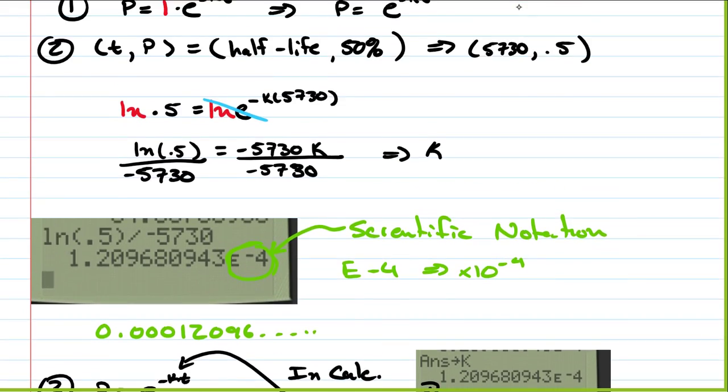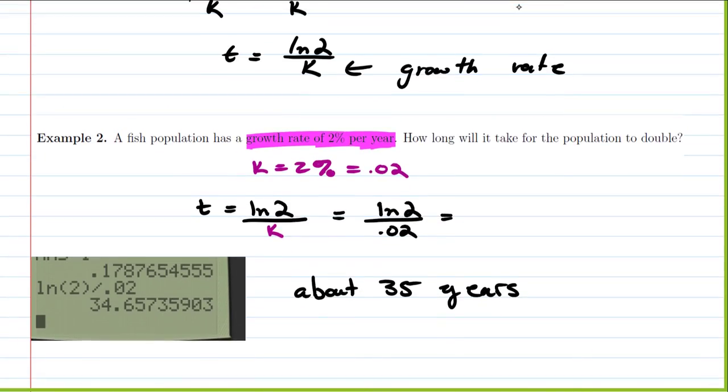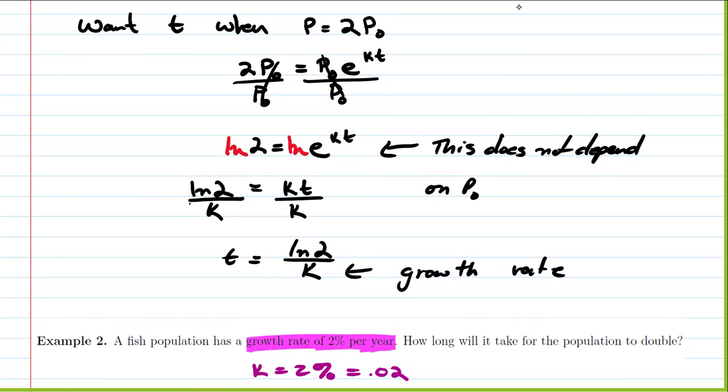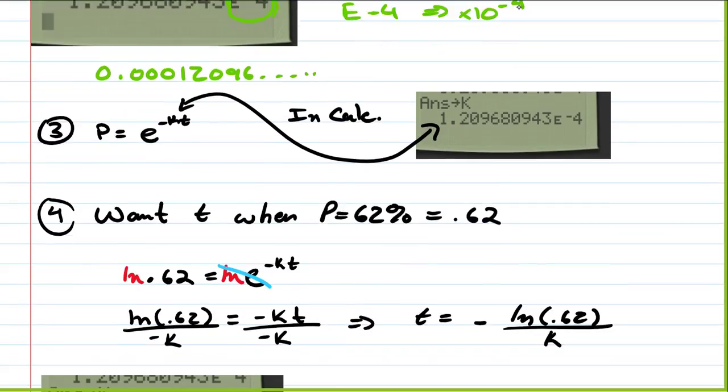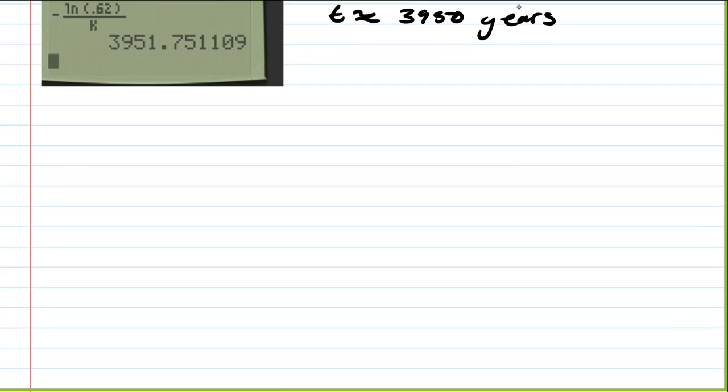All right, so just to clarify, we can do something very similar with half-life. So the decay rate can be found as follows.